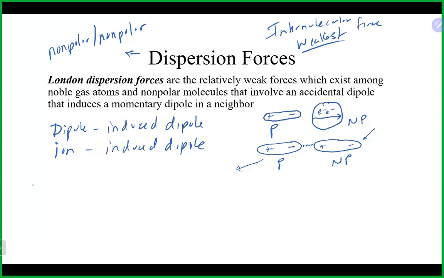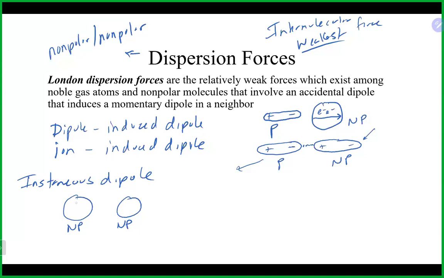The other way it happens is what is sometimes referred to as an instantaneous dipole. That is just two nonpolar molecules, for example, that are neutral. And because electrons are flying around in the molecule, it is possible that the electrons could all end up on the same side of the molecule temporarily.